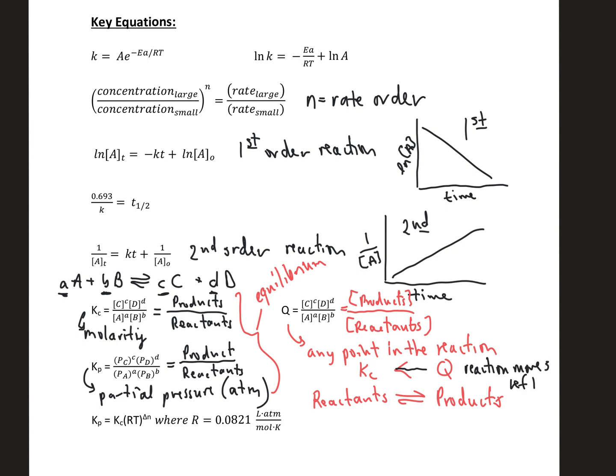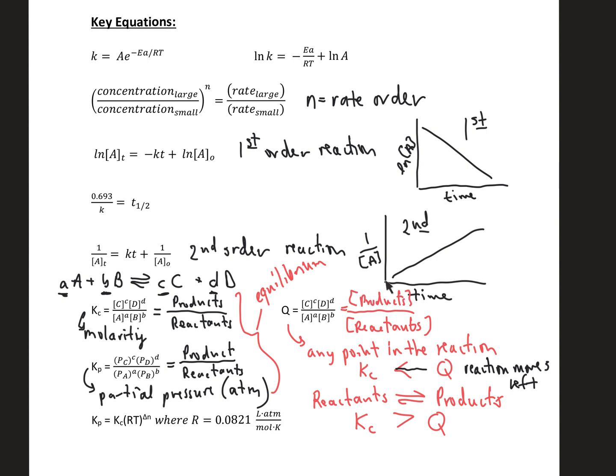And the other side of the calculation, let's say I have a value of Q that is less than K. If Q is less than K, what that must mean is that where I'm calculating Q, I've got a higher concentration of reactants than I'm expecting at equilibrium and a smaller concentration of products than I'm expecting at equilibrium.